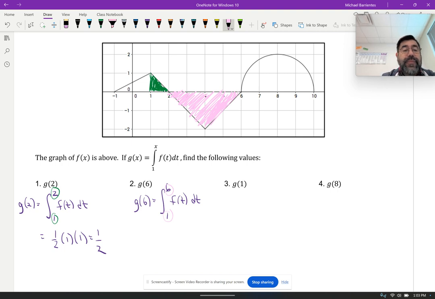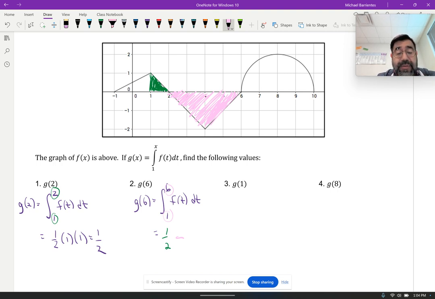So this equals the area that I found in green, which we said was 1/2, minus this area in pink. And I'm subtracting it because it's under the x-axis. So negative accumulation will occur for any area that's shaded under the x-axis, between the x-axis and the function.